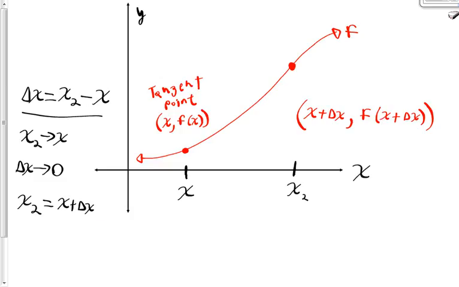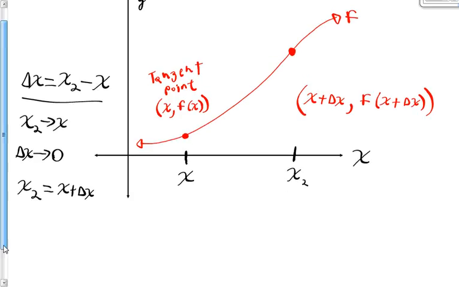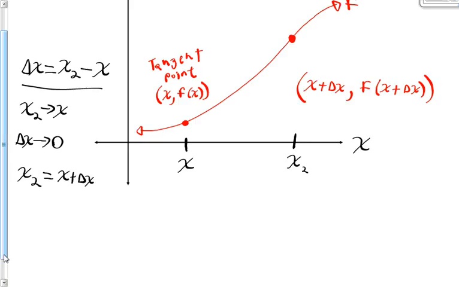Okay, so let's go ahead and find the slope of the tangent line here. The slope of the tangent line involves a limit. Usually we take the limit as x2 gets closer to x, but x2 approaching x is the same as delta x approaching 0.